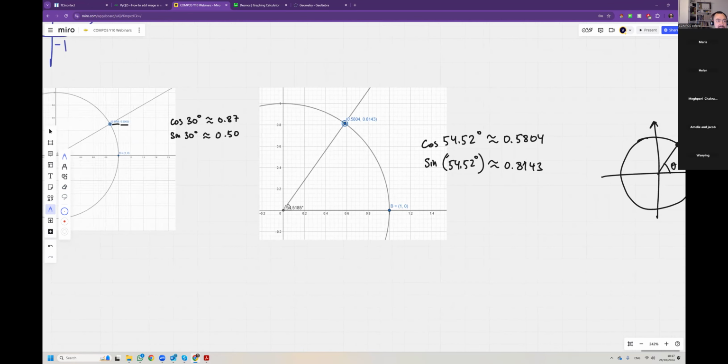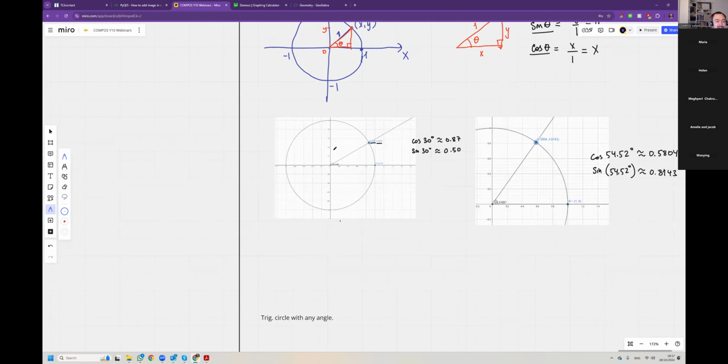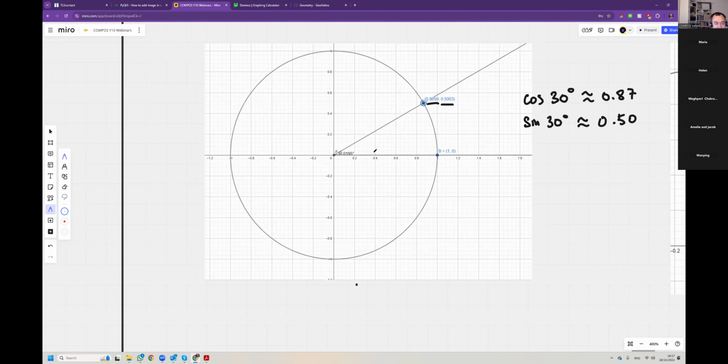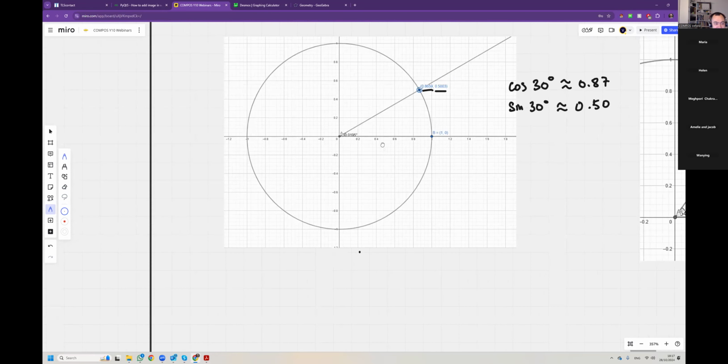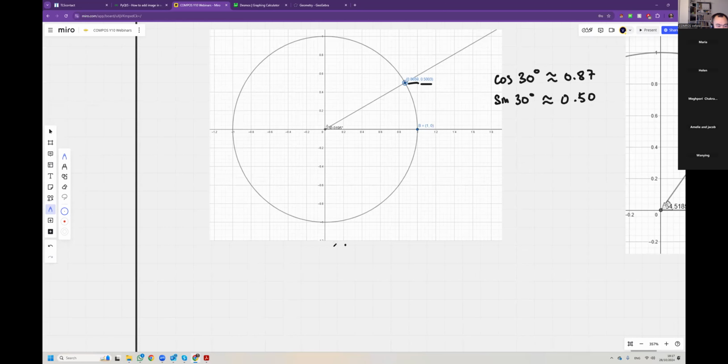And this immediately, you can start answering questions like this. What is cos of 0 degrees? Something that you can't do with a triangle, but now you can do with a circle. What is cos 0? So you just find this point. The coordinate of this point is 1, 0.